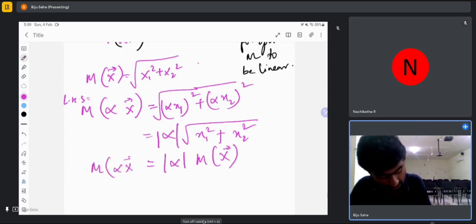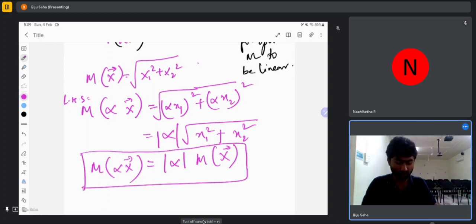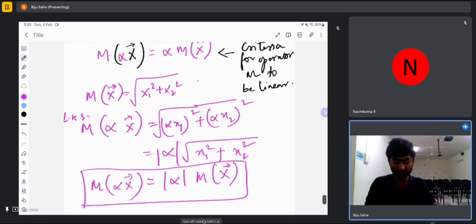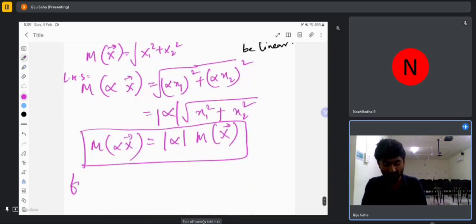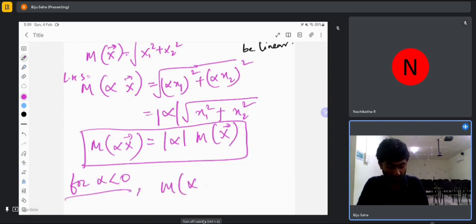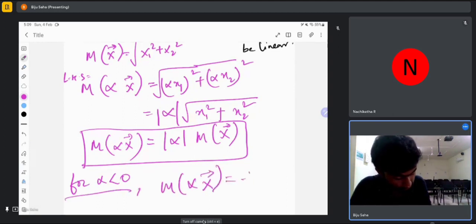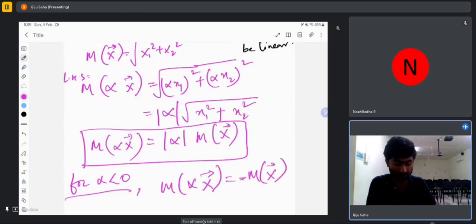So this is how the equation changed. This is my form for this particular value, for this particular operation. So what happens actually? For alpha less than 0, the equation changes with a minus sign because there is modulus involved in it.